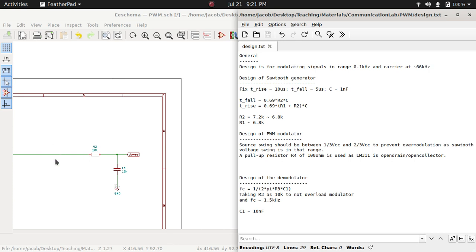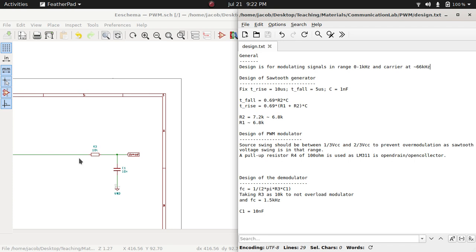So the modulator, we are using a pull-up resistor of 100 ohms. If you look at the Thevenin equivalent circuit of this modulator side, you will see a pulsed voltage source or PWM voltage source with a series resistance or Thevenin equivalent resistance of 100 ohms.